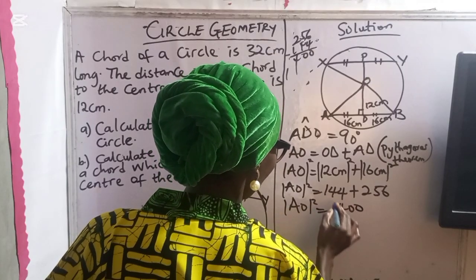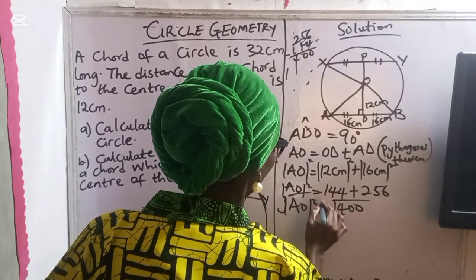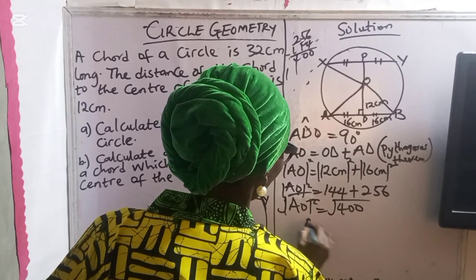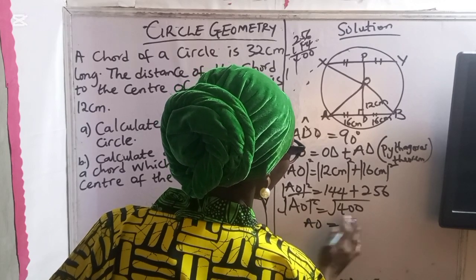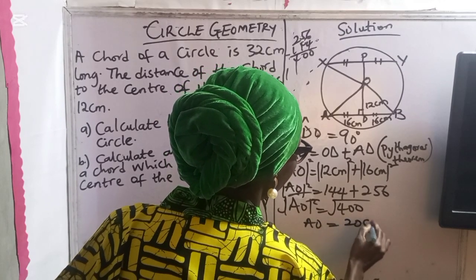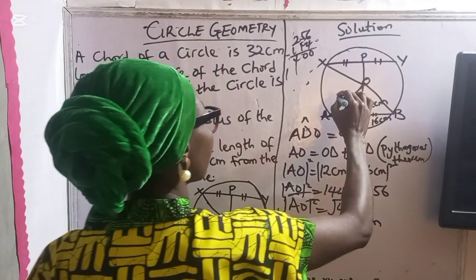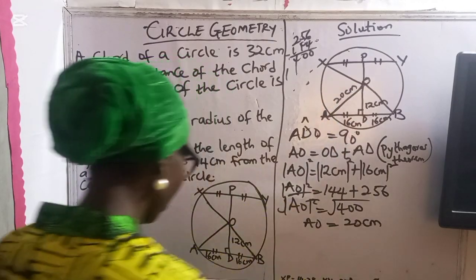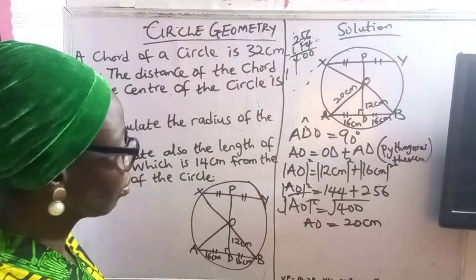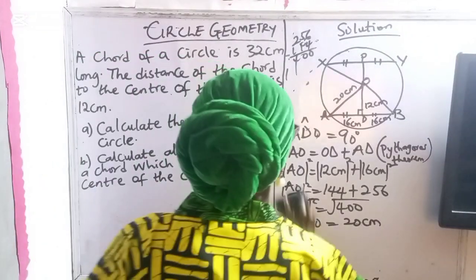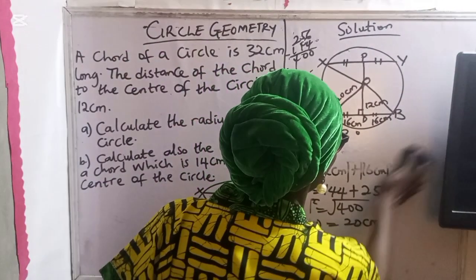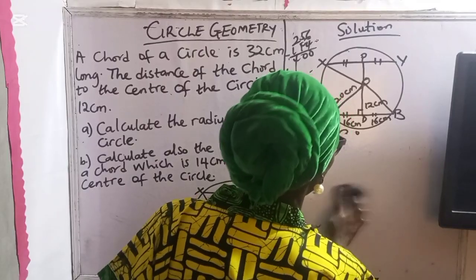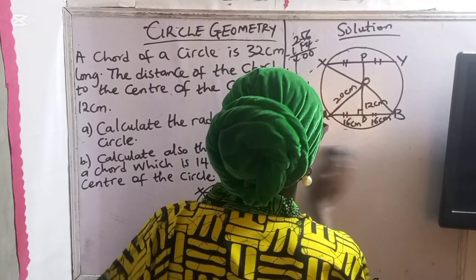Then we take the square root of both sides. AO is 20 centimeters, which means this place is 20 centimeters, right? That is question number 1.